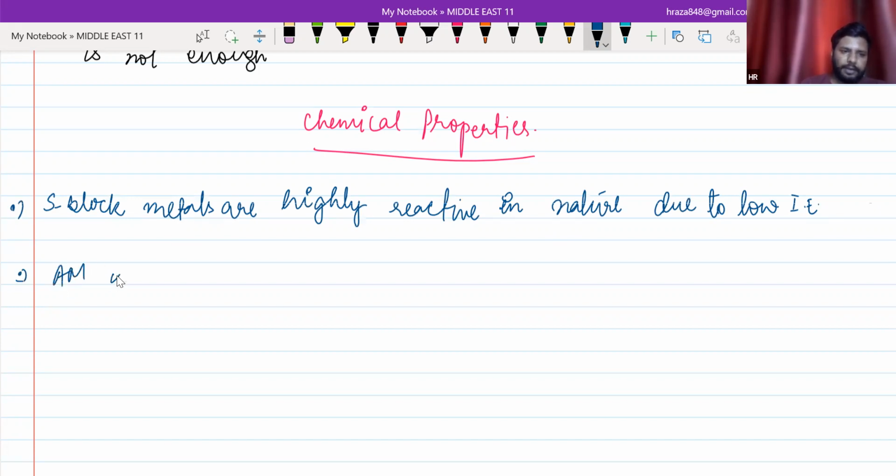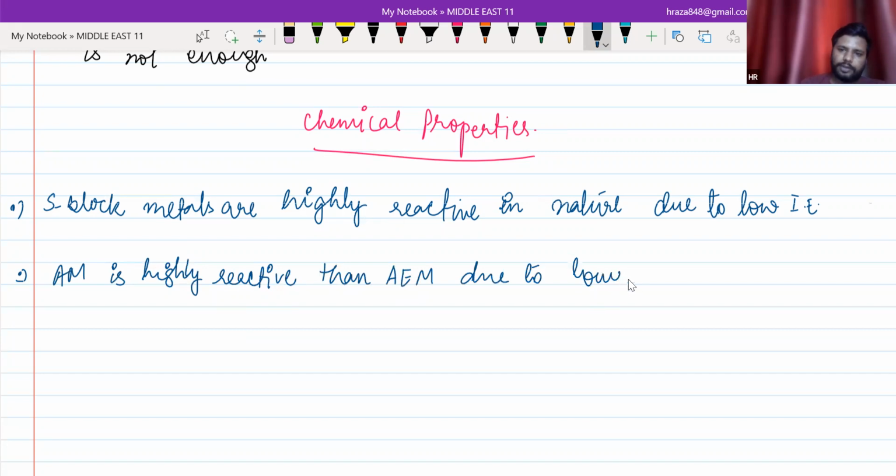Also, alkali metal is highly reactive because it has larger size and it can give its electron more easily than second group, alkaline earth metal, due to low ionization energy of alkali metal.